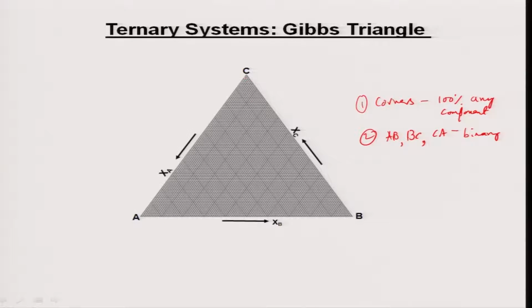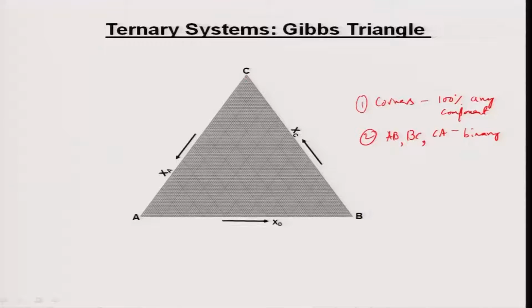Similarly for AB and BC. So, there are three different sides AB, AC and BC, and each of these sides represents a binary. Whatever points lie inside the triangle will represent ternary composition.